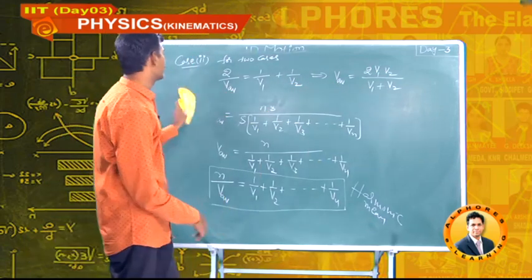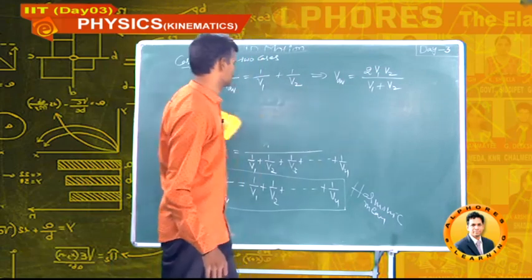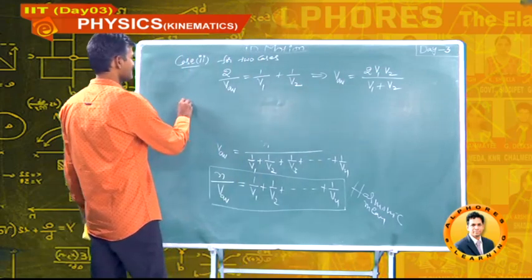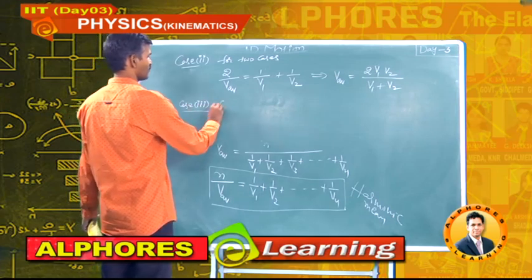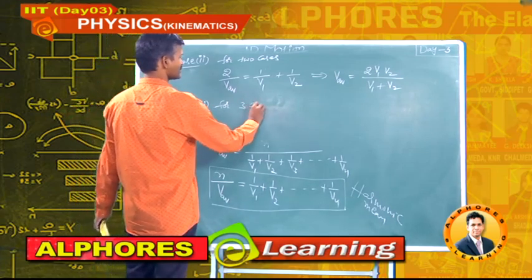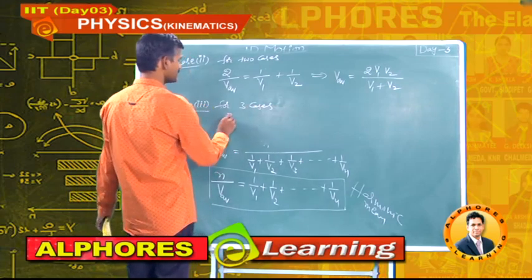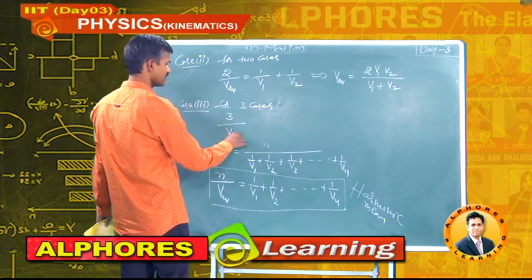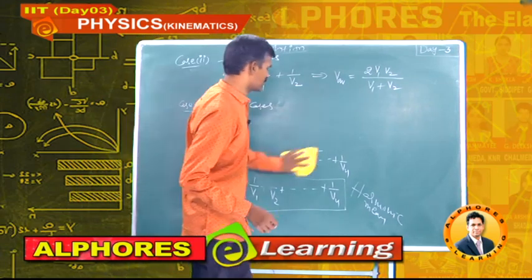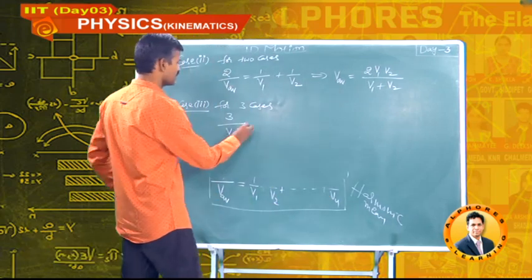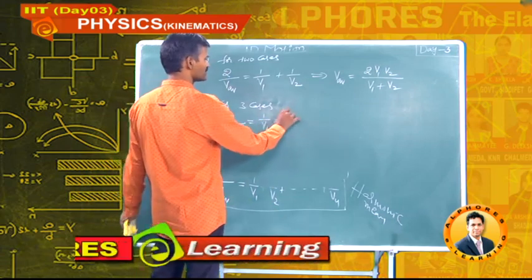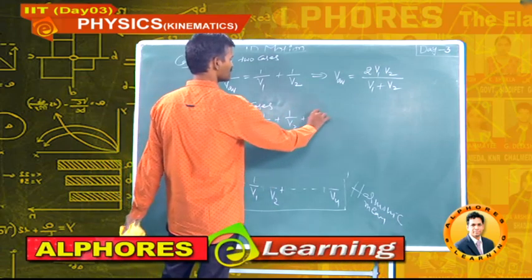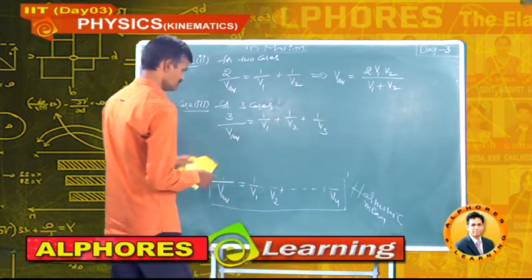Suppose we consider three cases, case 3. For 3 cases, 3 by V average is equal to 1 by V1 plus 1 by V2 plus 1 by V3.